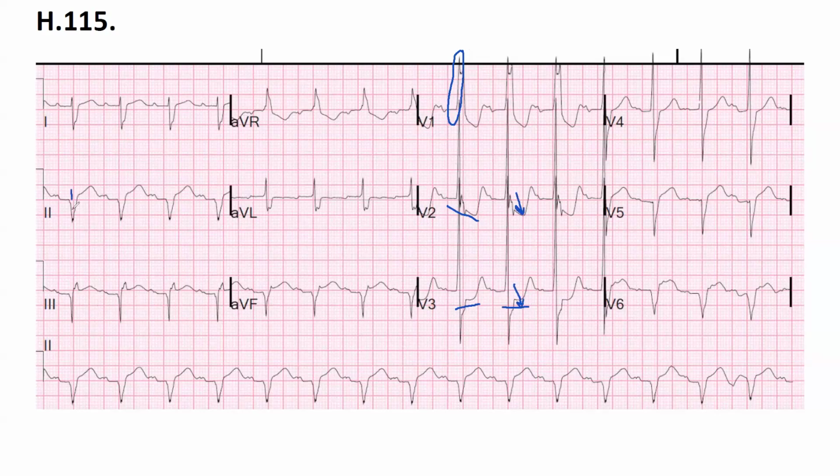So because we do have ST elevation, that's an inferior MI for sure. And immediately you have to check whether we see any ST depression or tall initial R. So that can be an inferior posterior acute MI as well.